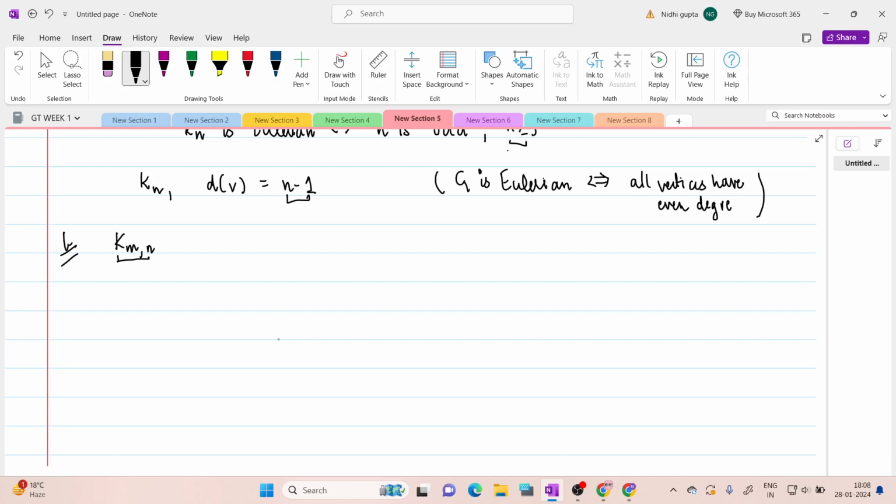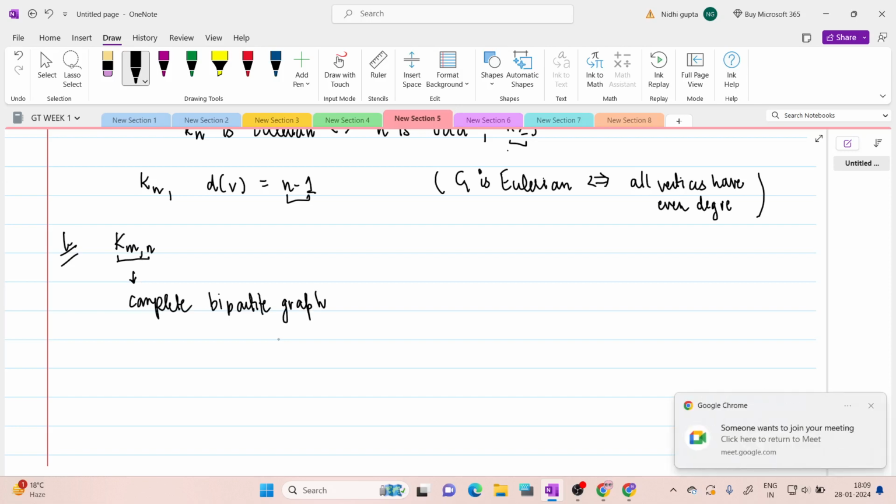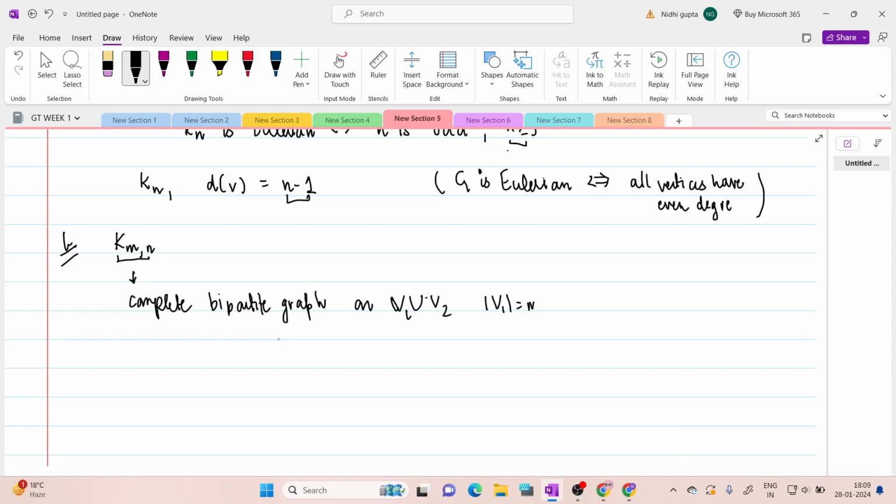What do we mean by K_{m,n}? K_{m,n} is a complete bipartite graph on two partitions V1 union V2, where the order of V1 is m and the order of V2 is n.